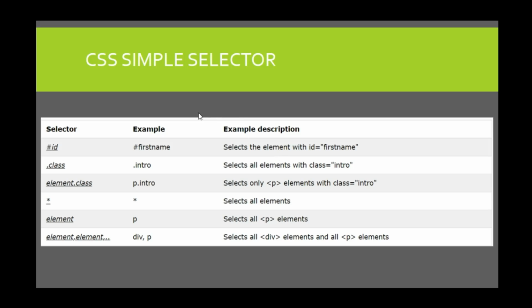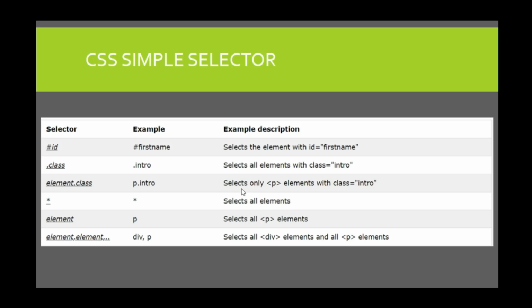The description of this example: hashtag first name selects the element with ID equal to first name. So first name refers to the ID for the HTML element. And then dot intro selects all elements with class equal to intro. So intro refers to the class name.